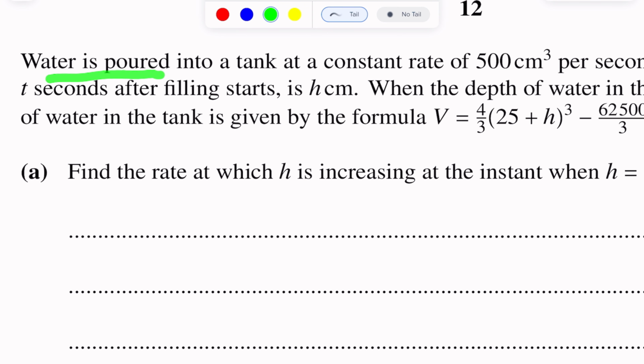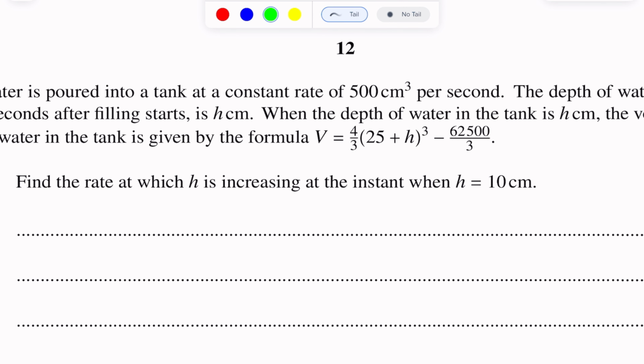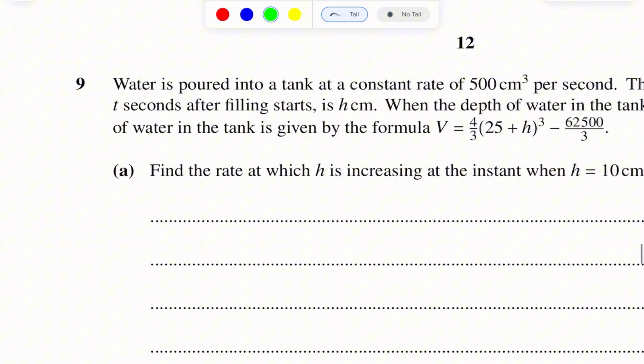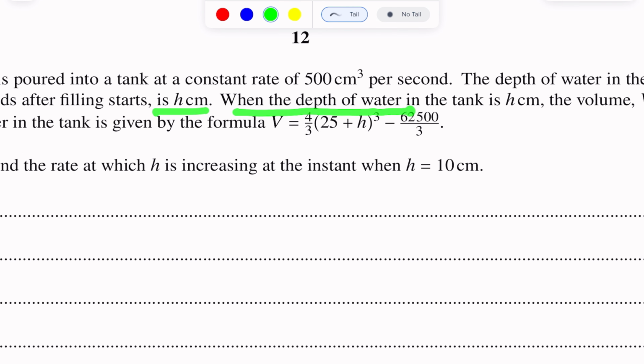Water is poured into a tank at a constant rate of 500 cm cube per second. The depth of the water in the tank t seconds after filling starts is h cm.